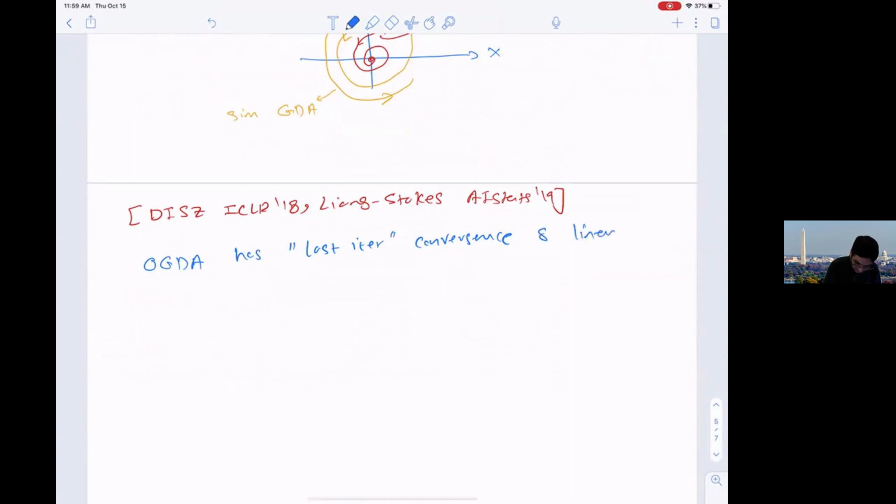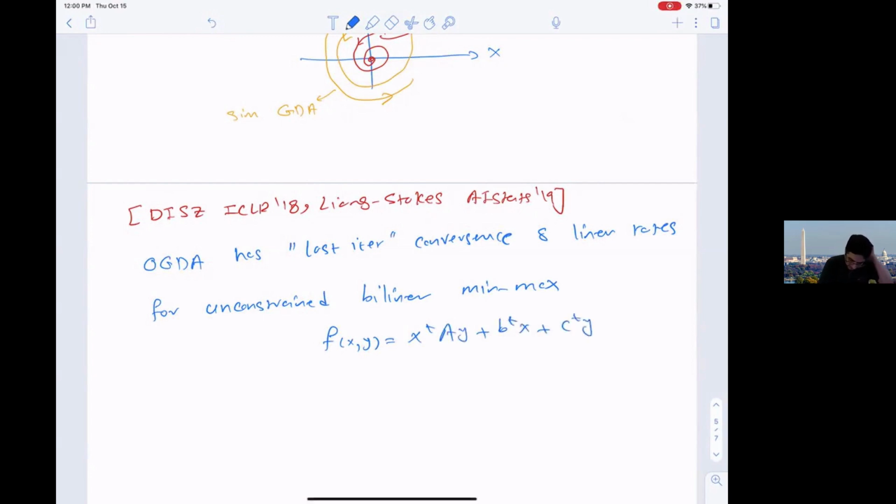And linear rates for unconstrained bilinear min-max in the form of X transpose A times Y plus B transpose X plus C transpose Y. I think there are some conditions on the A matrix to be well conditioned to have this result.